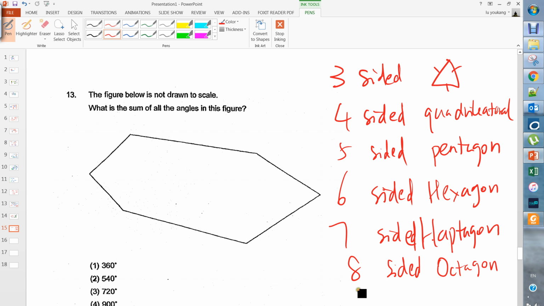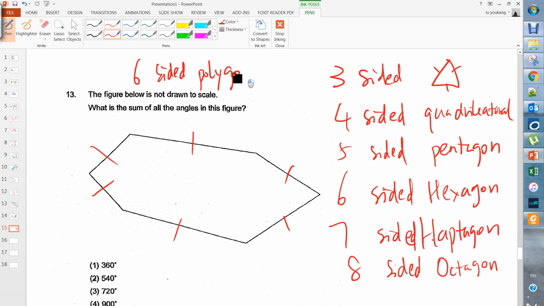Okay. Let's count how many sides. 1, 2, 3, 4, 5, 6. So this is an irregular hexagon. Since it's an irregular shape, I will just call it a 6-sided polygon.